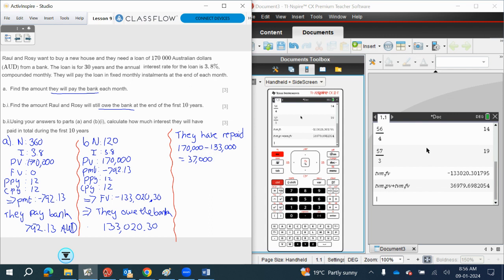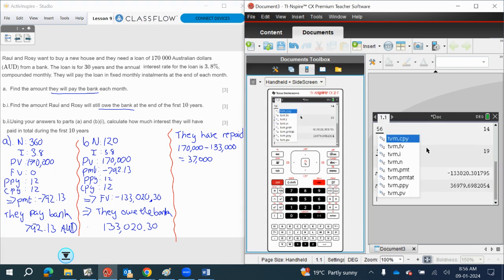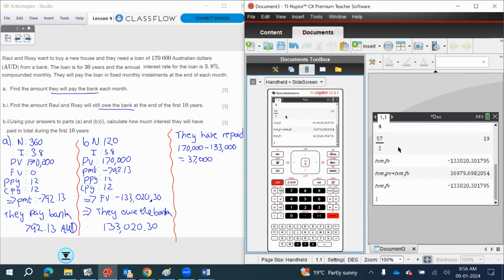On the calculator, you add, because watch the values: the future value is negative, present value is positive. It's a bit tricky. If it's easier for you, get the values out like this, look at them, and then go and check, or even go up and change them.